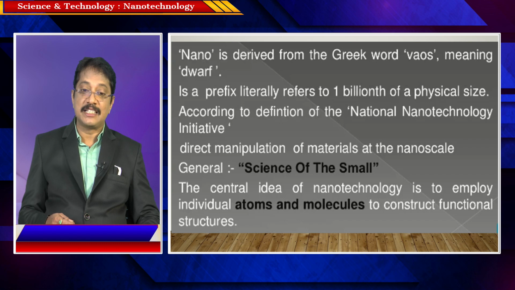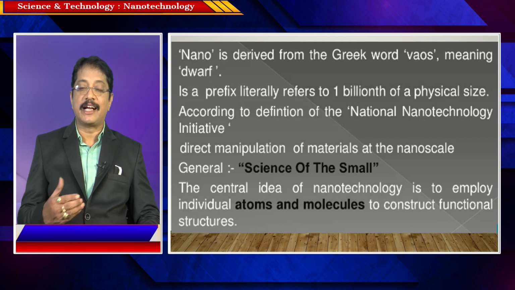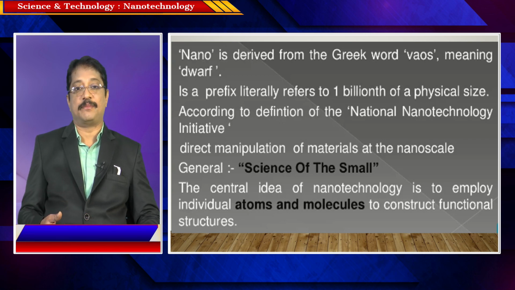So the study of the science of small things, we call simply nanotechnology. The central idea of nanotechnology is to employ individual atoms and molecules to construct functional structures. Previously, according to Sir Isaac Newton and Dalton, the smallest particle in any substance is an atom.